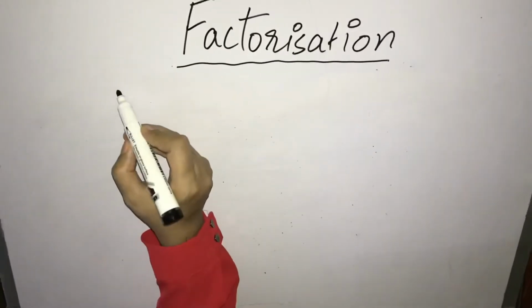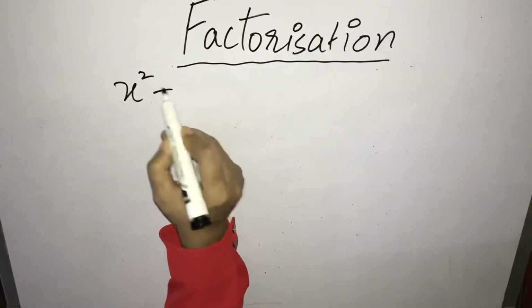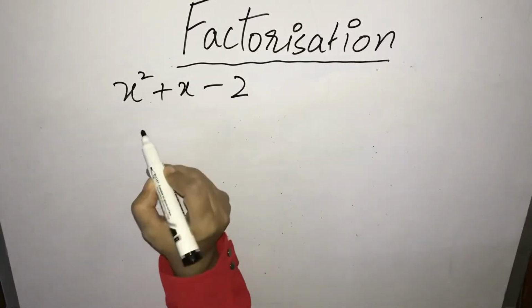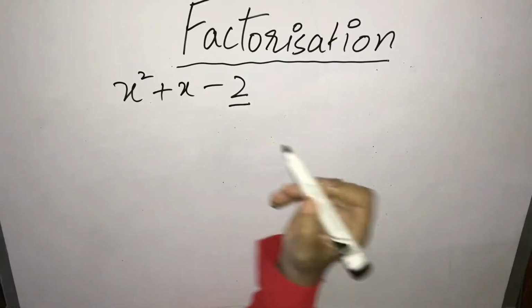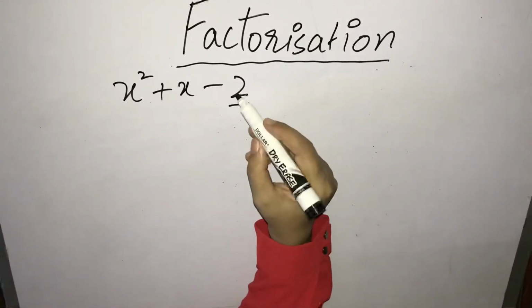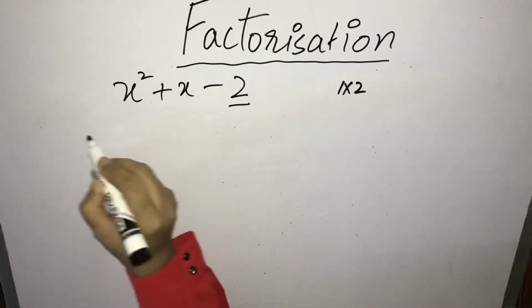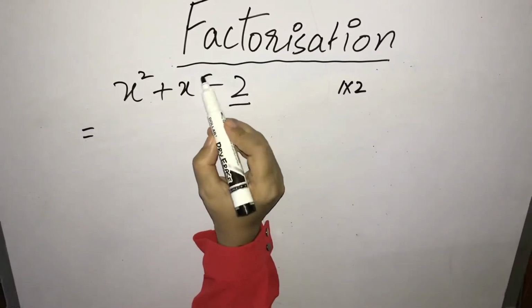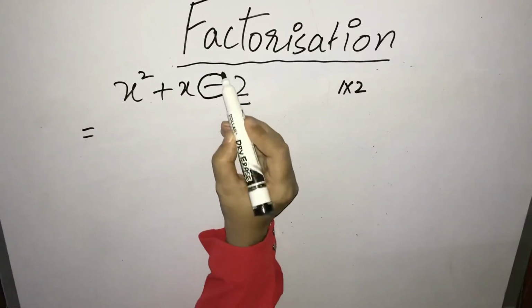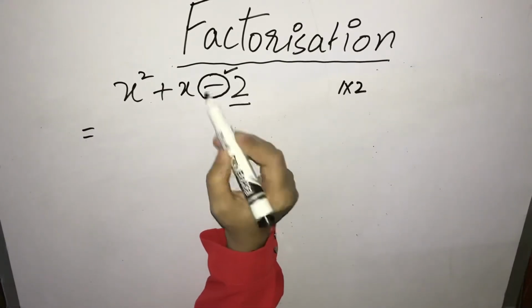The next question is x square plus x minus 2. Definitely same question, as 2 is a prime number, so you have only two factors, 1 and 2. Now this sign is negative. It means that your two factors are going to be subtracted.